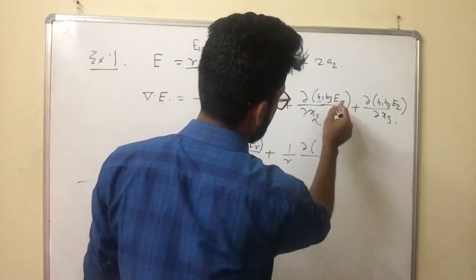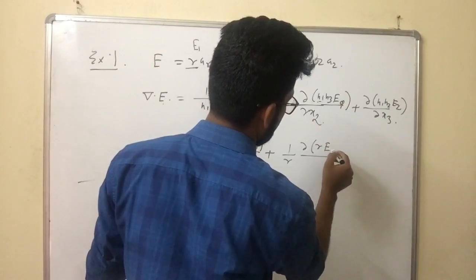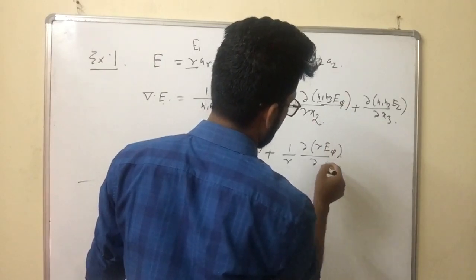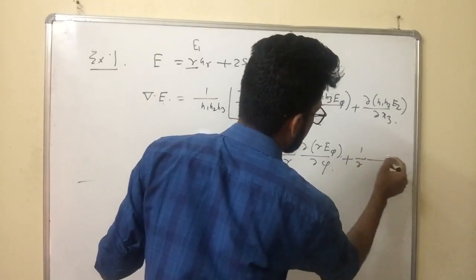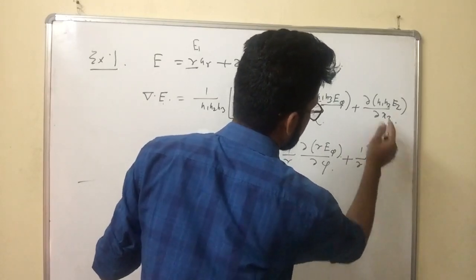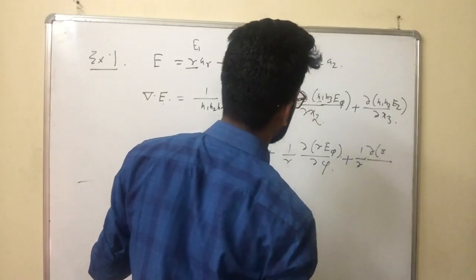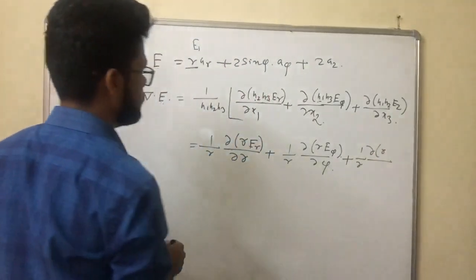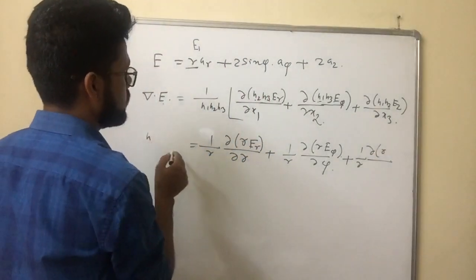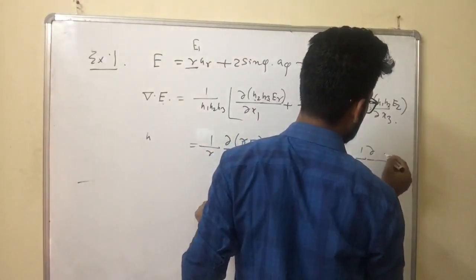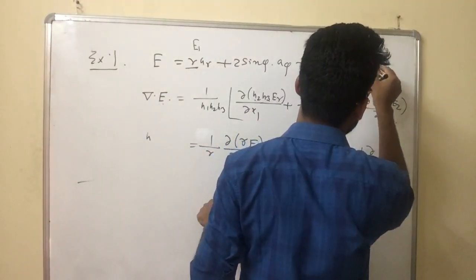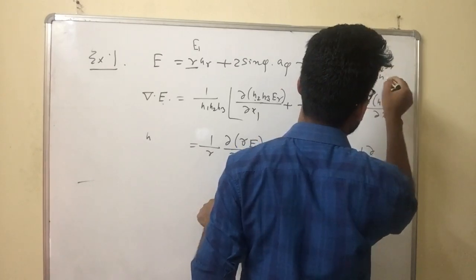This is d by d phi of E phi. Next term, 1 by R is here. This is a common term. H1 H2 means R. H1 equal to 1, H2 equal to R, H3 equal to 1.